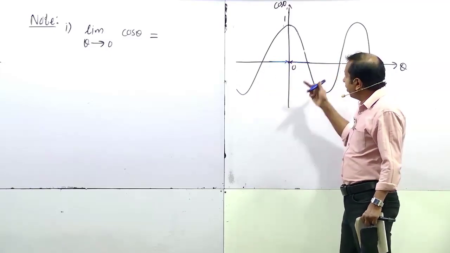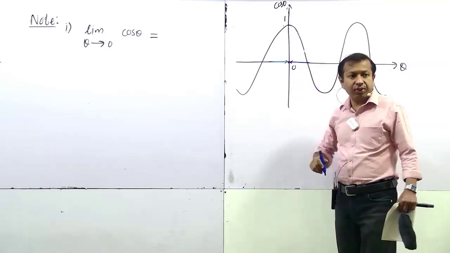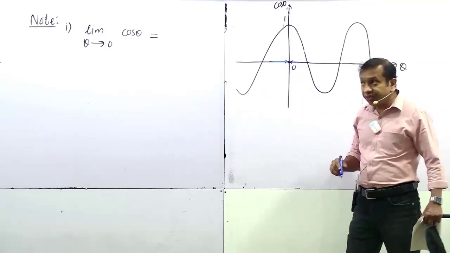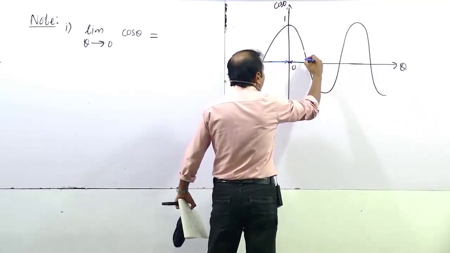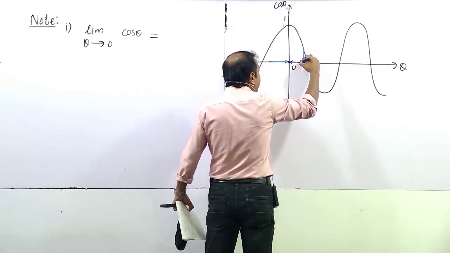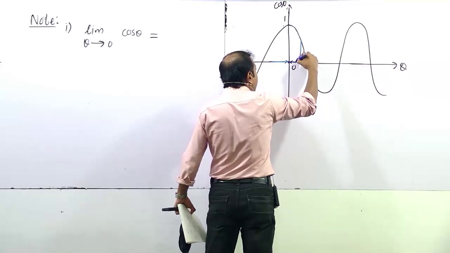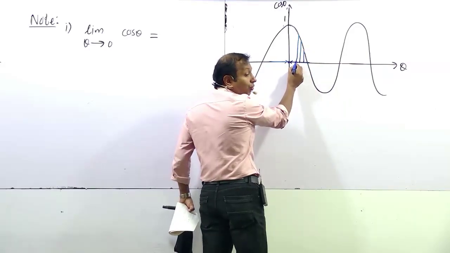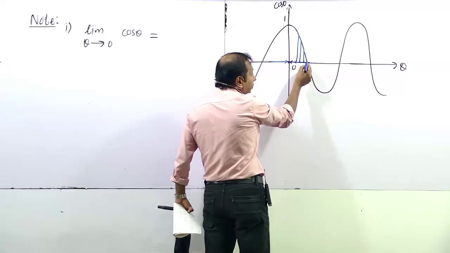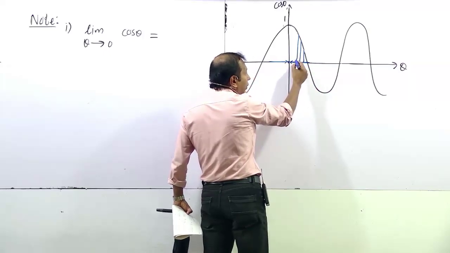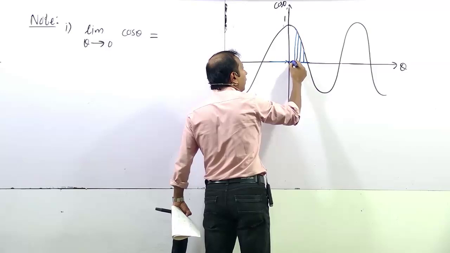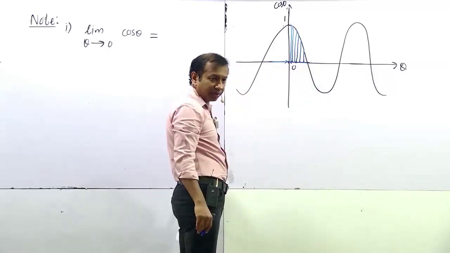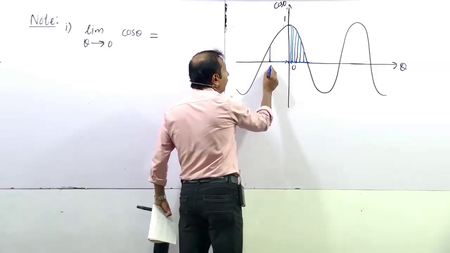Okay. Once you come this way, we say right limit. This way, left limit. You can see, once you come to this 0 from both ends, this height gives us the cos value at that angle. Once you come towards this 0, this height gradually increases up to 1.